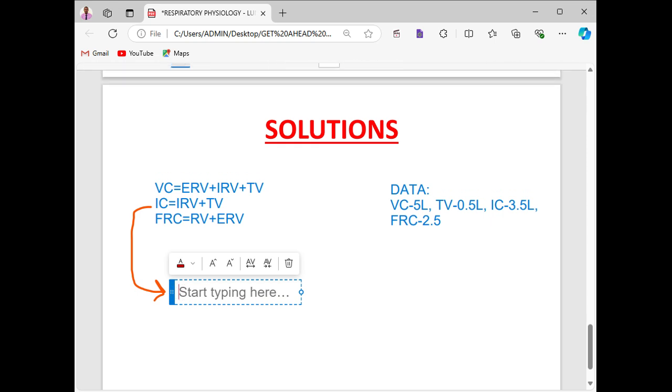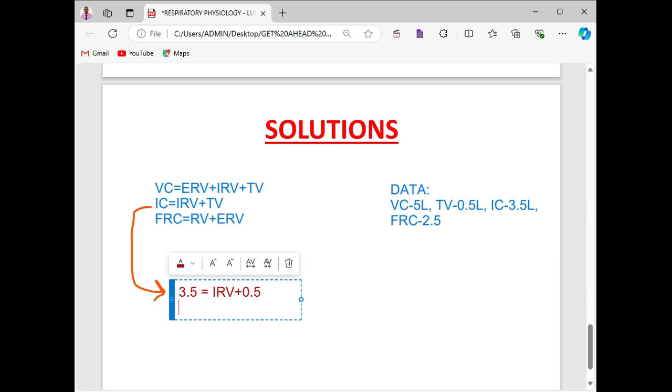We know that IC, we've been given 3.5, and it equals IRV, which is not there, plus TV, which is 0.5.